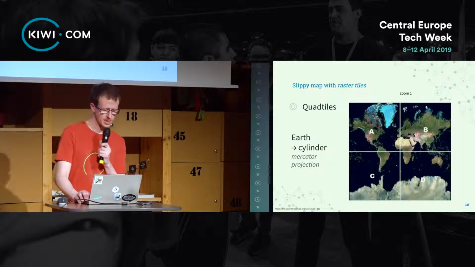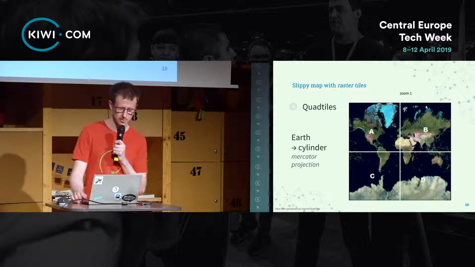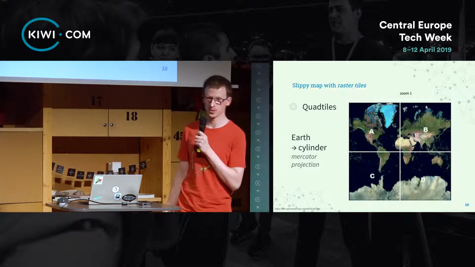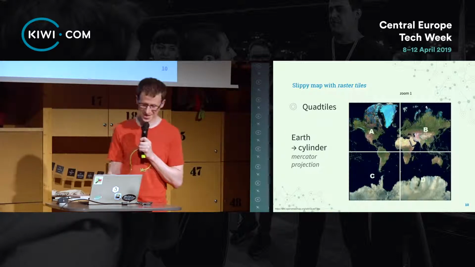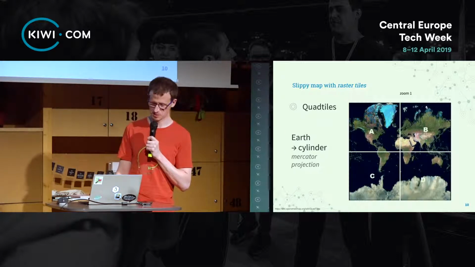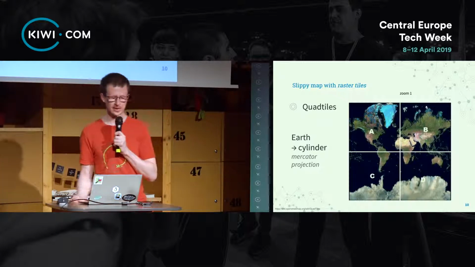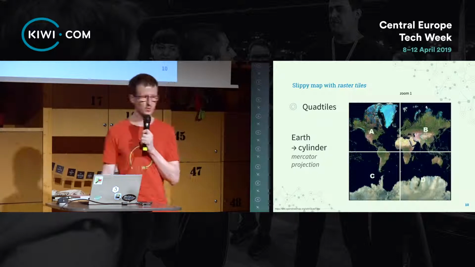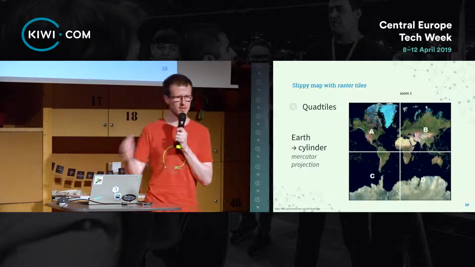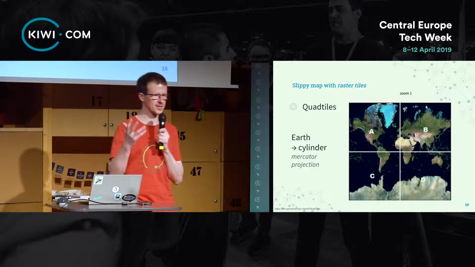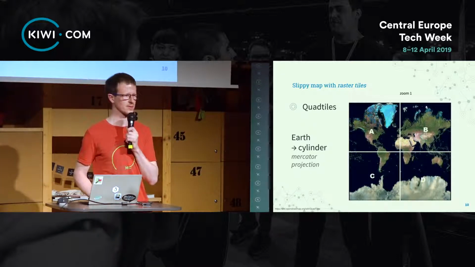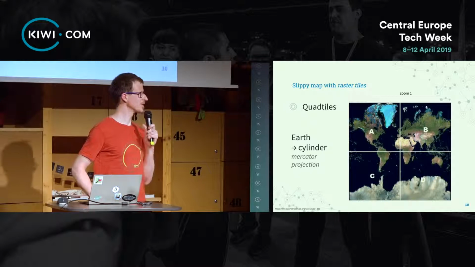So this technology is called quad tiles. It means that the Earth is, well, spherical. Some people hope it's flat, but it's really spherical. And it's like turned into a cylinder. What does it mean for the North Pole and South Pole? Can anybody tell? What happens to the North Pole? Yeah, it's a line.